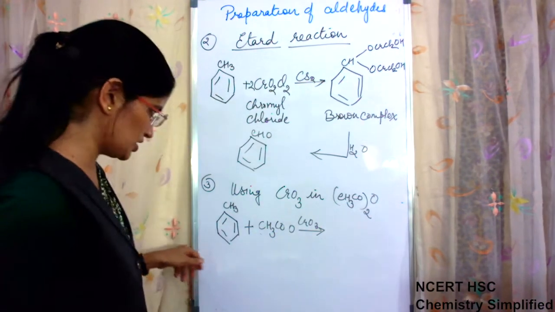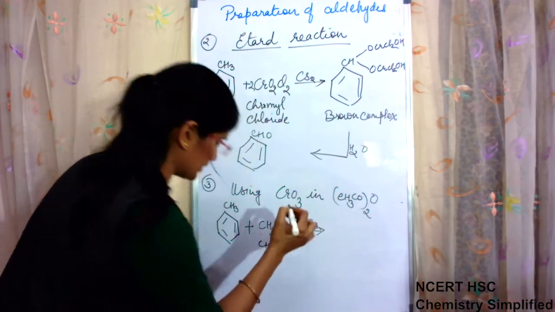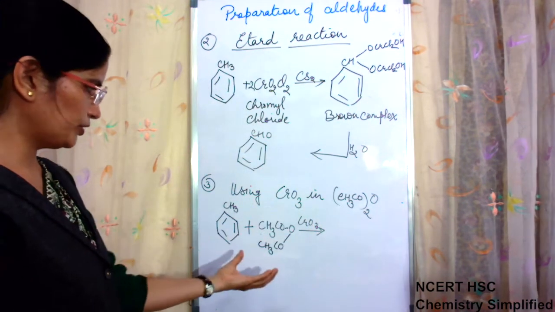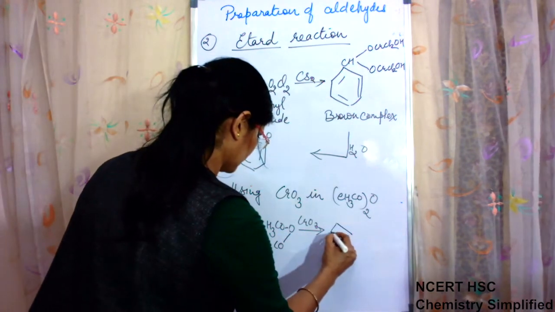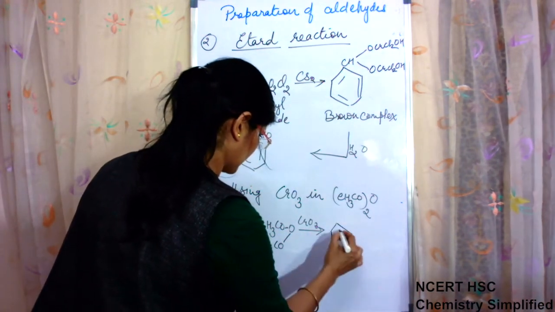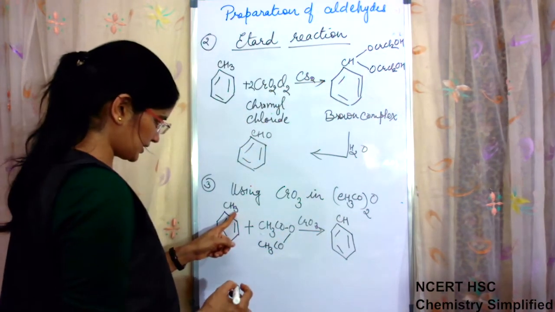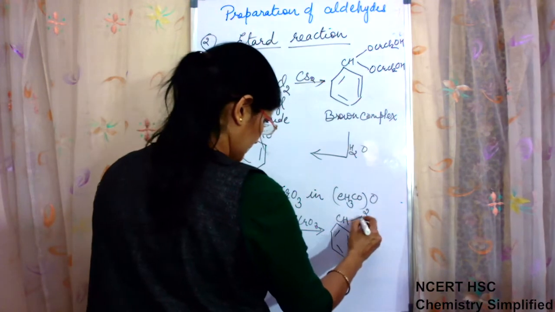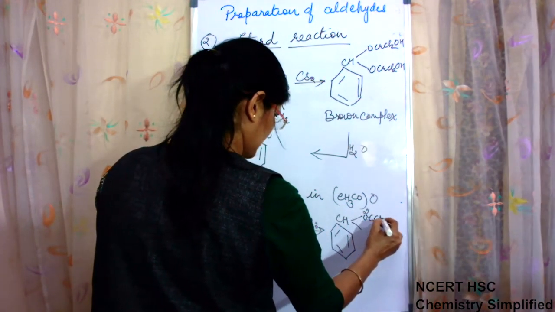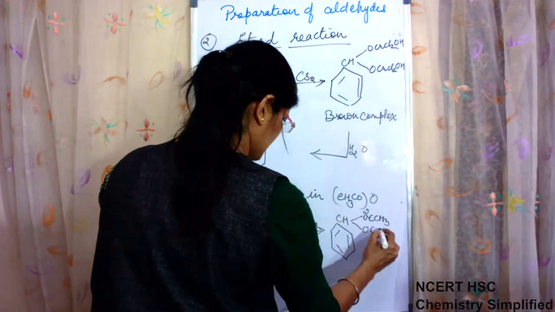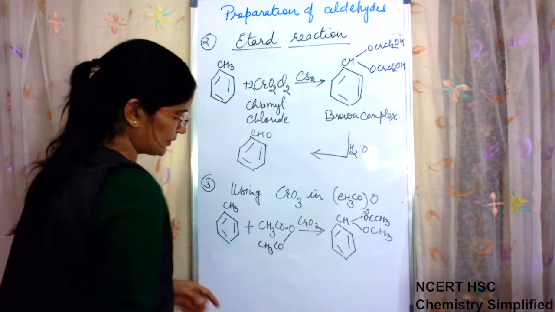we can write it like this: CH3CO, CH3CO. Instead of writing whole twice, we are writing it in the open form. Okay, then again an intermediate CH is here, and OCCH3 will be added.